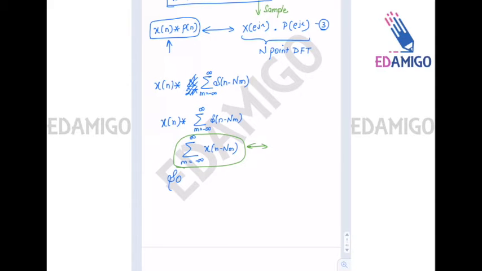If you look at the expression, this is simply a new signal, for example, let us say x cap n, where x cap n is created by repeating x[n] after integer multiples of N.